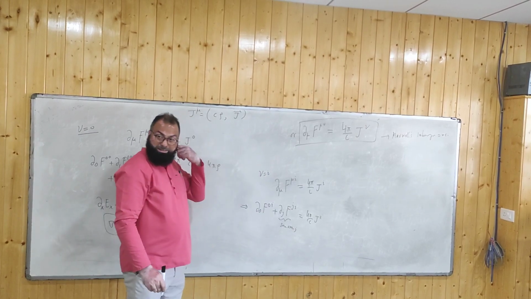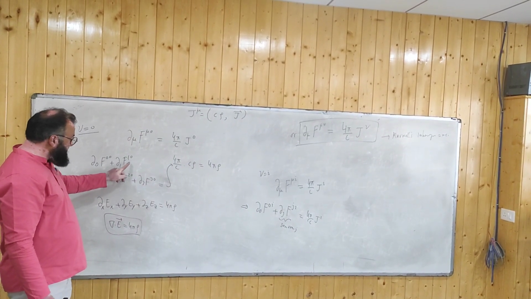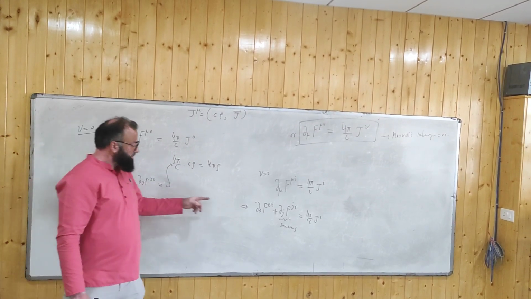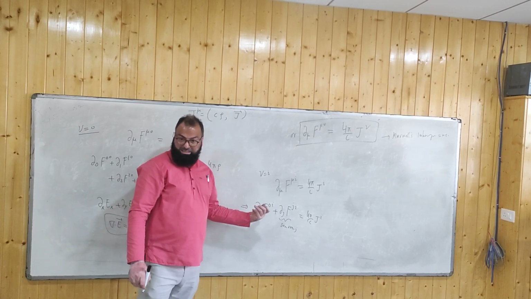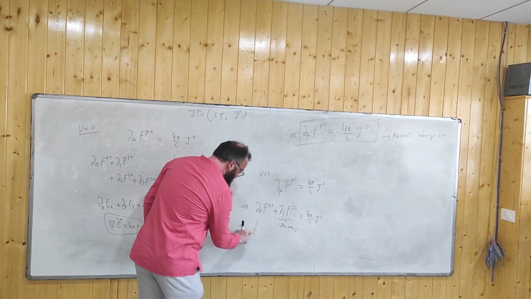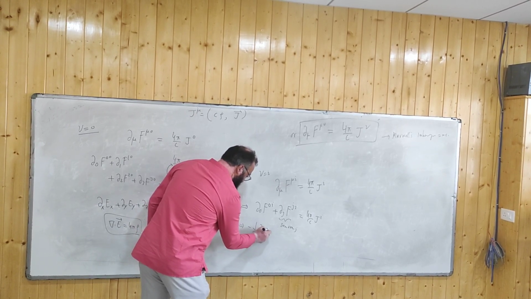So what is F^{0i}? F^{i0} I have written as E_i. So F^{0i} is minus E_i. So it is (1/c) ∂/∂t of minus E_i.